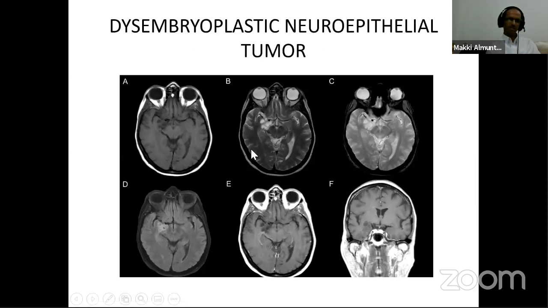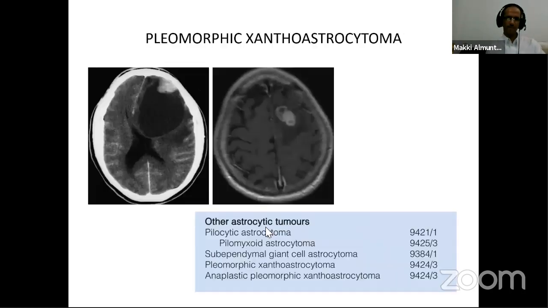This patient has probably a small cystic tumor in the medial temporal lobe with no enhancement. This is typical DNET or dysembryoplastic neuroepithelial tumor, one of the epileptogenic tumors, as I mentioned in the previous talk.